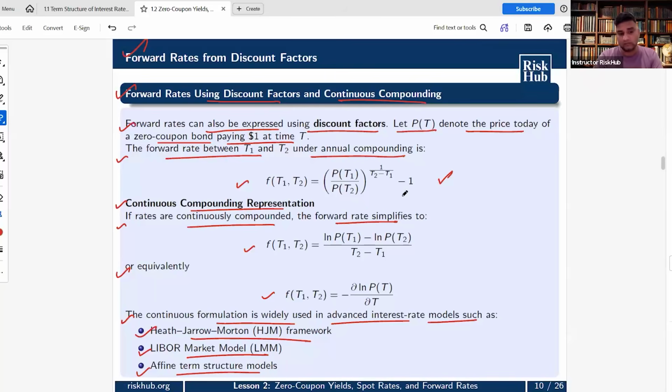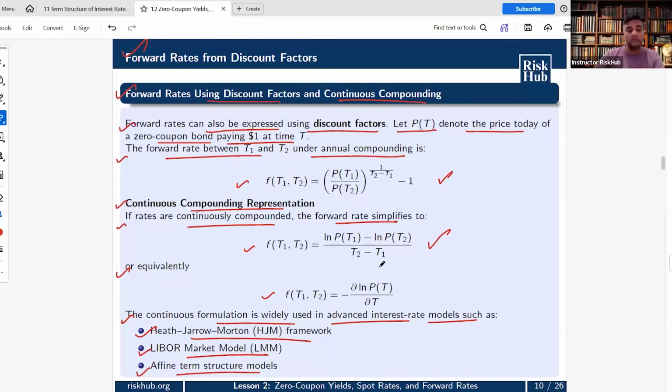The longer bond costs less, so the ratio exceeds 1. The ratio is the growth required between the 2 dates. The power annualizes and minus 1 strips the principal. This version is preferred on a trading desk because the discount factor comes straight out of the curve build, no rate conversion needed, right? Then we have looked at the continuous compounding also.